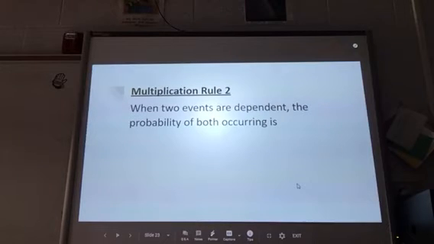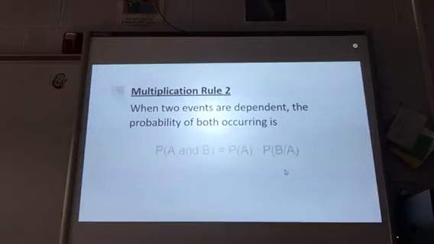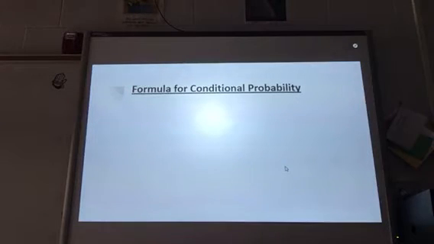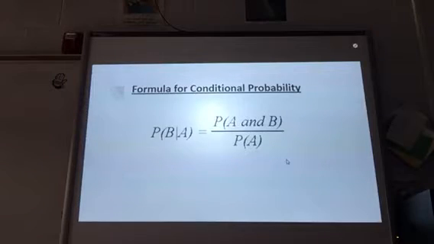If they're dependent, the multiplication rule 2 says the probability of A and B is the probability of A times the probability of B given A. And another formula for conditional probability is the probability of B given A is the probability of A and B divided by the probability of A.